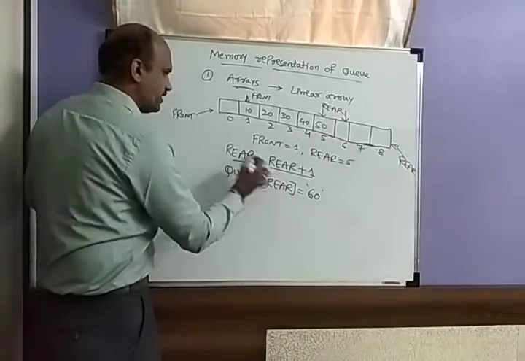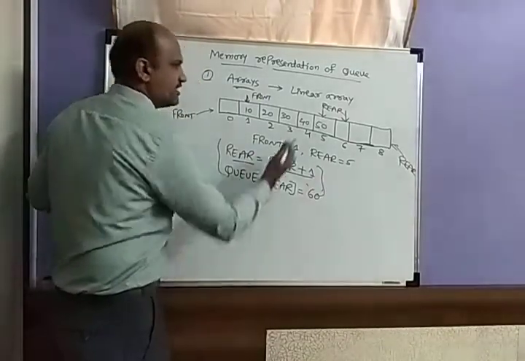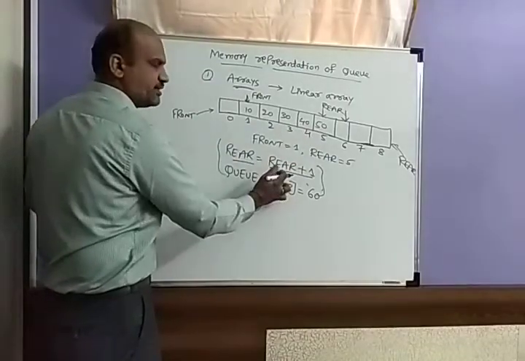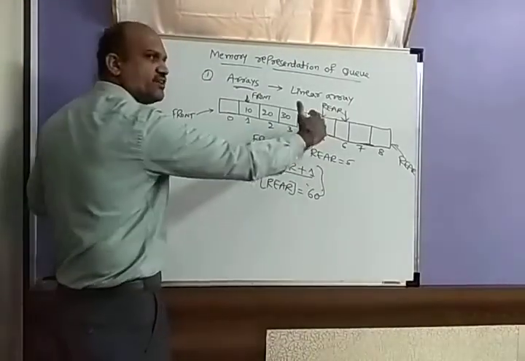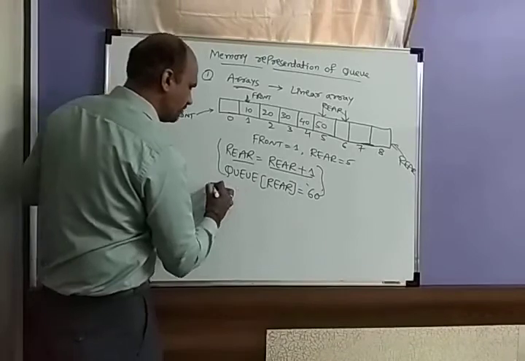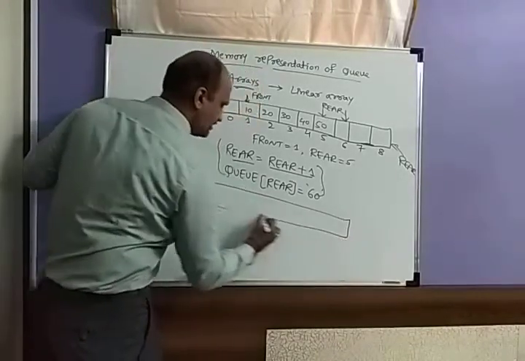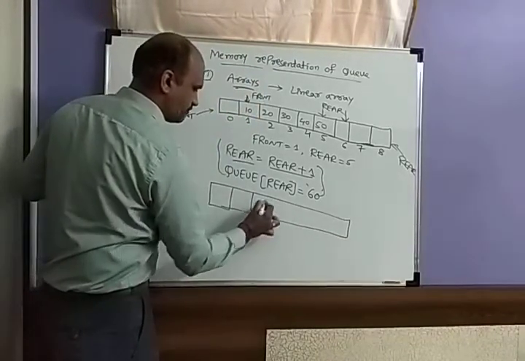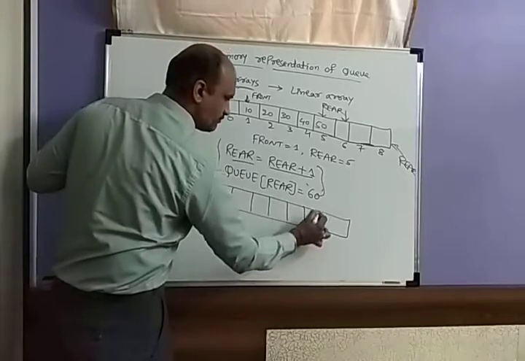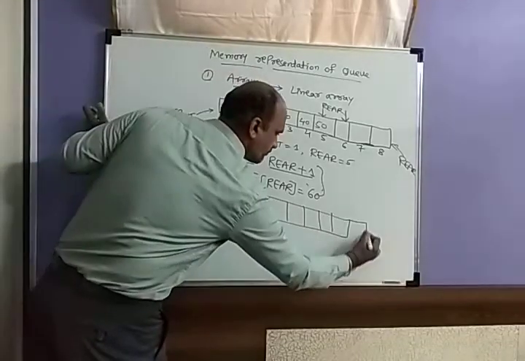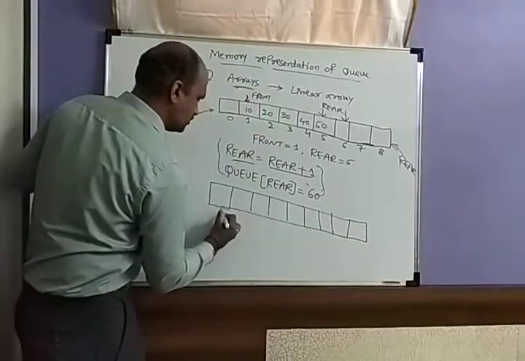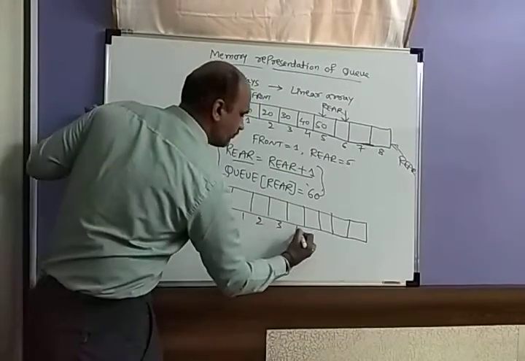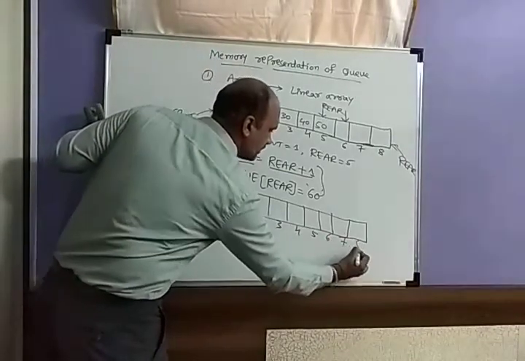So now when you write this condition, earlier it was this one. When you insert another element, it will be like this: 0, 1, 2, 3, 4, 5, 6, 7, 8.